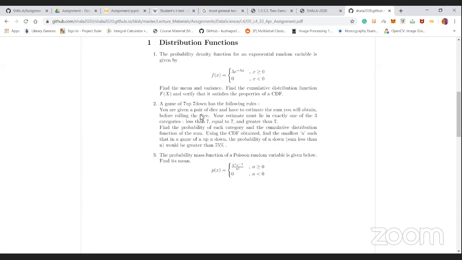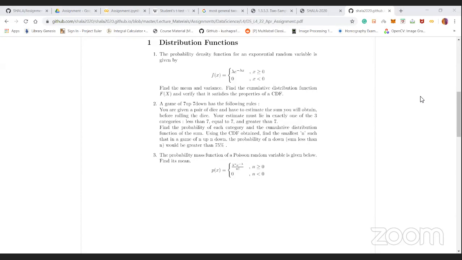Okay, so what we want to do is estimate the probability that the sum is less than n. So we can find the PMF for the sum, and then use it to see which answer gives us a probability of greater than 75%. We know that there are 36 possible outcomes, and we want a probability of less than n to be greater than 75%.